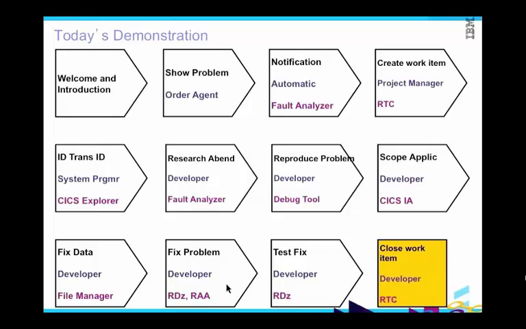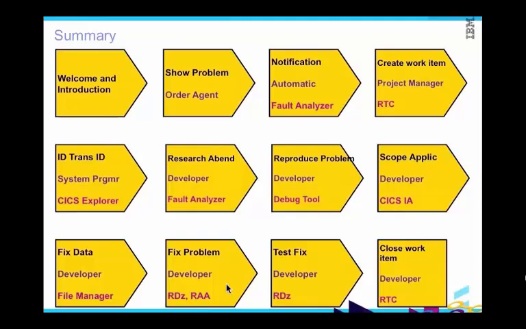So in summary, we have gone through and showed an integrated solution where we've identified a problem, been notified through Fault Analyzer, have created a work item to track all the work from beginning to end through Rational Team Concert, have utilized CICS Explorer to understand the application and be able to disable the transaction in production, utilized Fault Analyzer to research the abend and gain valuable information that we would not very easily be able to ascertain otherwise.